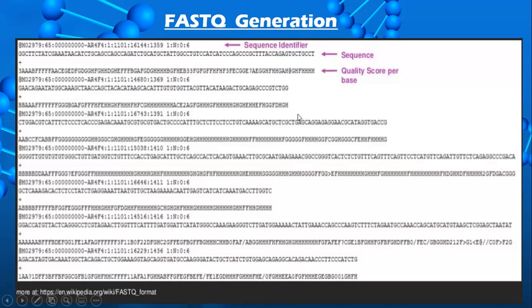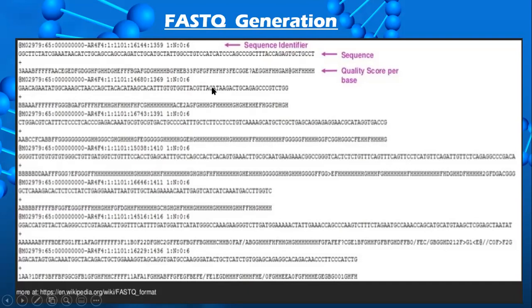So FASTQ here stands for fast quality, and a FASTQ file generally has 4 sets of lines. The first line contains the information that's used to identify the sequence and also the sample name and other information. And this line starts with this @ symbol.